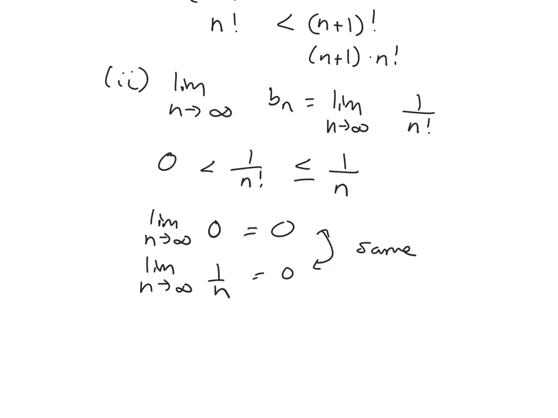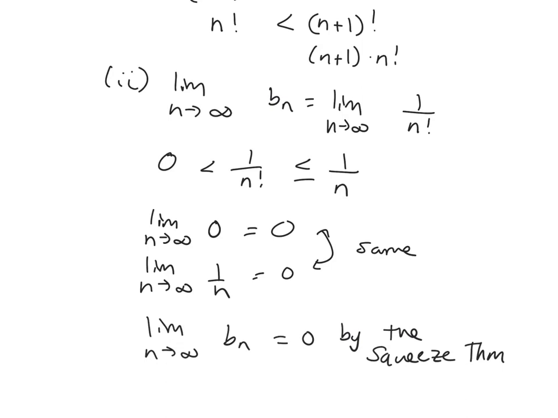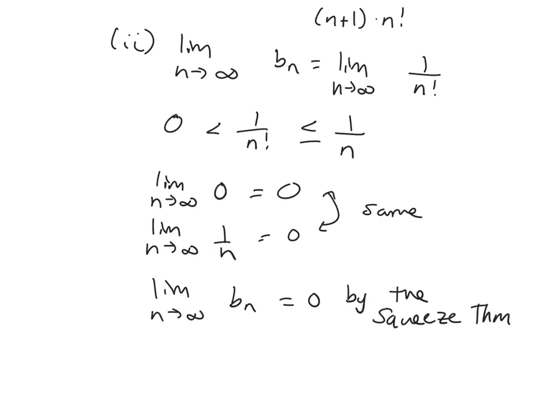So the limit now of b sub n is 0 by the squeeze theorem. Okay, so I've checked my two conditions for the alternating series test. It was decreasing and the limit is 0. So now I know that this series converges, so I want to find the sum correct to 3 decimal places.